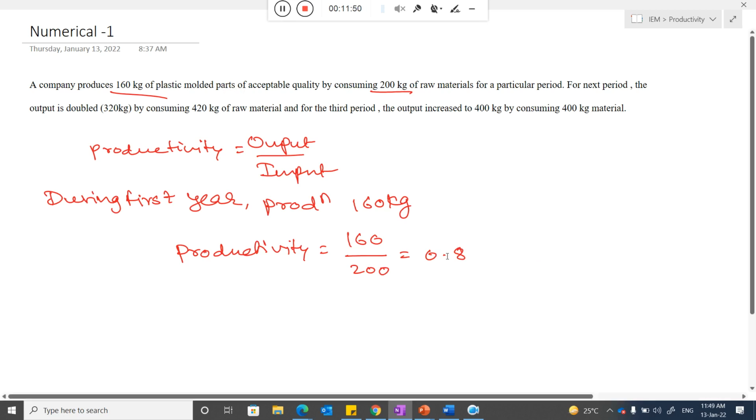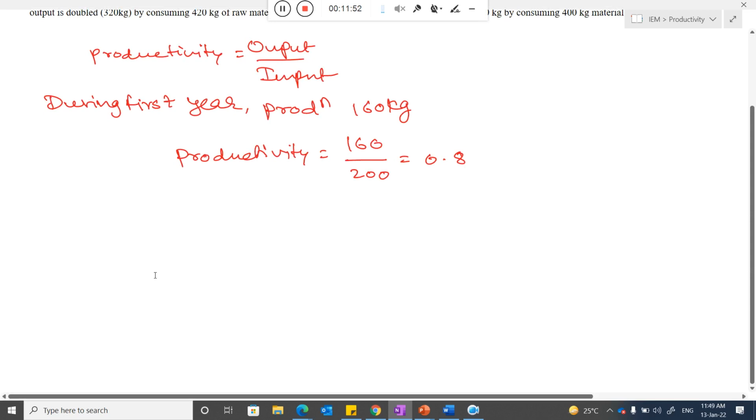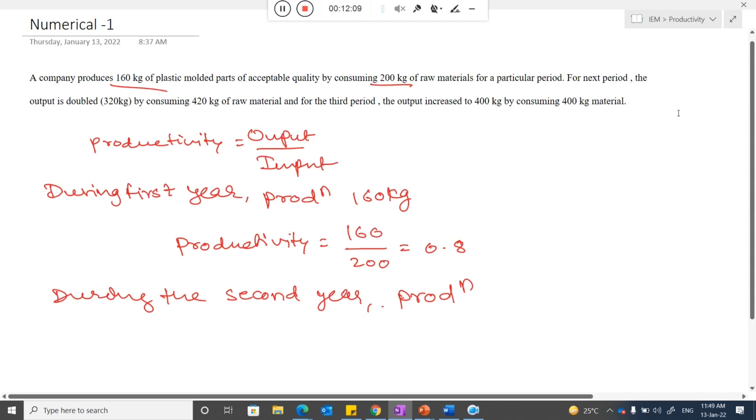The next point is the second year. What is the production? The production in the second year, for the next period, is 320. Very good. And 420 is the input.